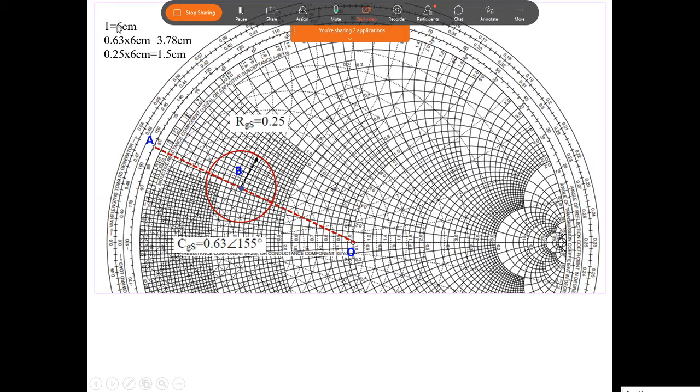On the Smith chart, I got 6 centimeters from here to here using a scale. While doing this in the examination, you will have a Smith chart, and using a scale you measure the distance. Here I got 6 centimeters.